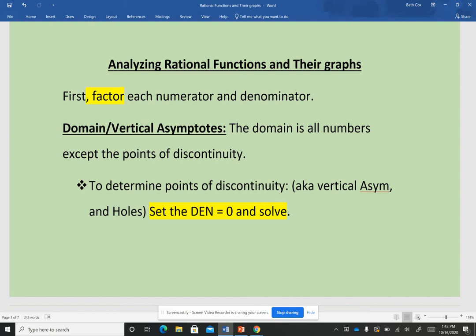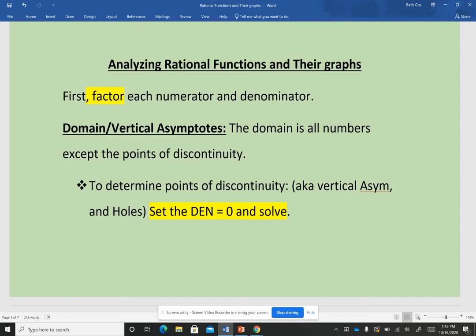So here we go. When we start analyzing these rational functions, first we want to get everything in factored form. That's why we talk about learning how to factor quadratics, and we never really talked much about factoring third degree polynomials or any other polynomials, but you won't have to deal with those.